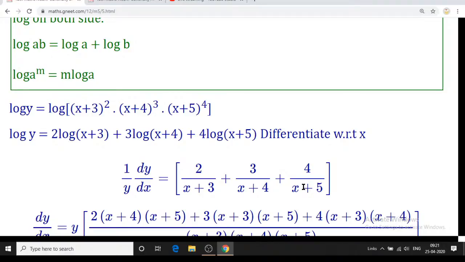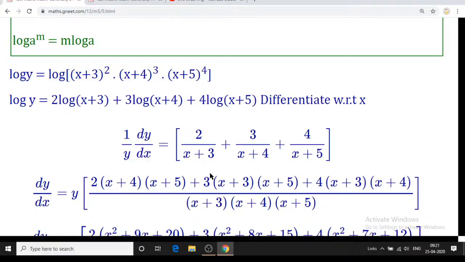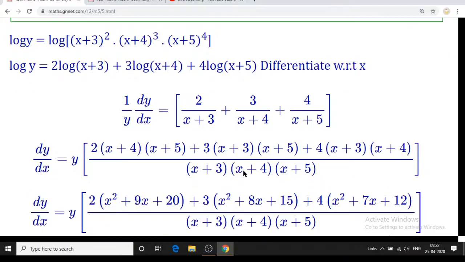In this case, as we are having only 3 terms, we will take the LCM, which is x plus 3, x plus 4, x plus 5. Naturally, for the first term we have to multiply by x plus 4 and x plus 5, 4 into x plus 5, plus 3 into x plus 3 and x plus 5, plus 4 into x plus 3 into x plus 4, upon x plus 3, x plus 4 and x plus 5, which was our LCM.